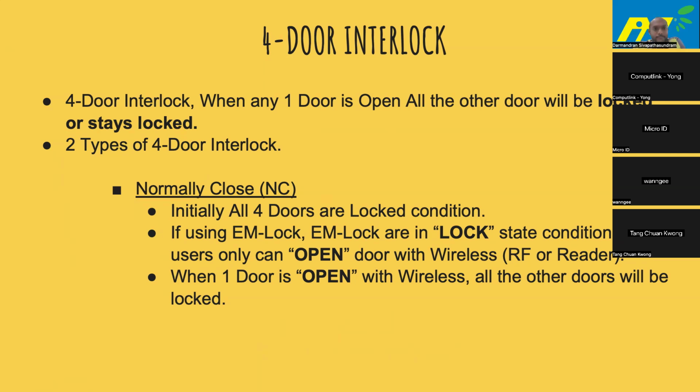The way we can unlock the door is by using our wireless reader or wireless RF. They will be able to trigger the door to be unlocked. So this is a 2-part setup where we use the I/O board plus a wireless system.